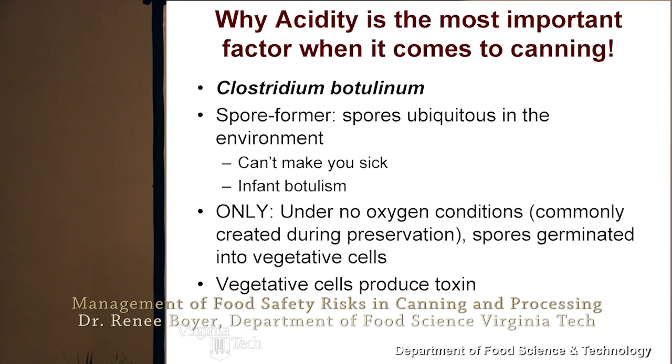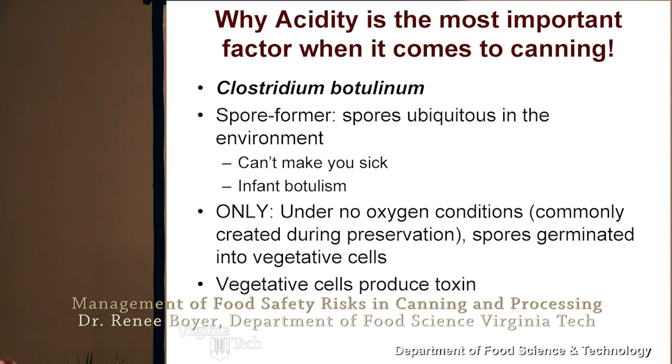In a baby's gut, the acidity is not high enough to prevent that from happening. So when they consume a spore, the spore's like, wow, this is great condition. Poof, it opens up, it grows, and those vegetative cells produce toxin. And that's what causes botulism. It's the toxin.